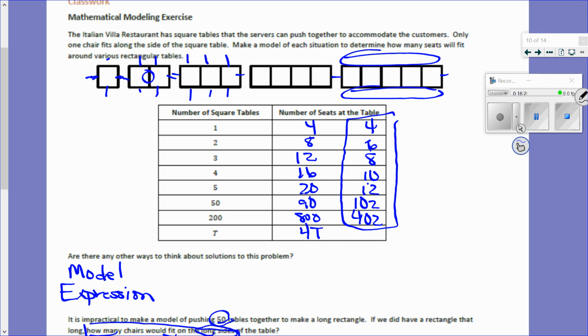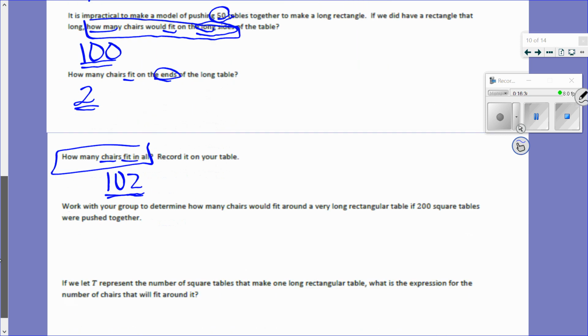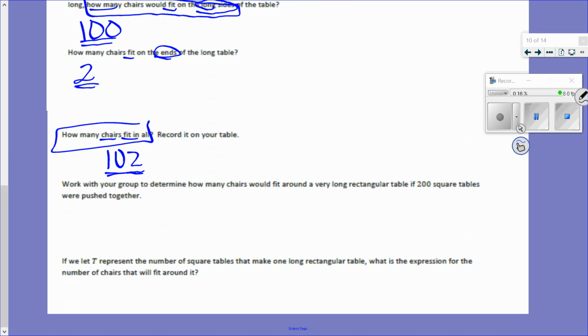So 100 plus those 2 that are sitting at the end for a total of 102 people. You see it? Good. Now that we've got that, if I had 200 square tables, how many are going to fit on the 2 sides?